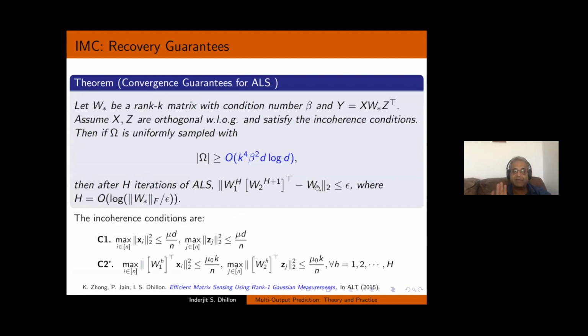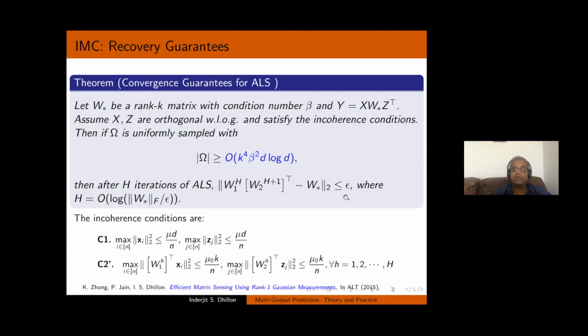So this is the exact recovery setting, right? Suppose I have that Y comes from a particular model. So the ground truth Y is X W star Z transpose. And the question is, with this algorithm, can I exactly recover W star?